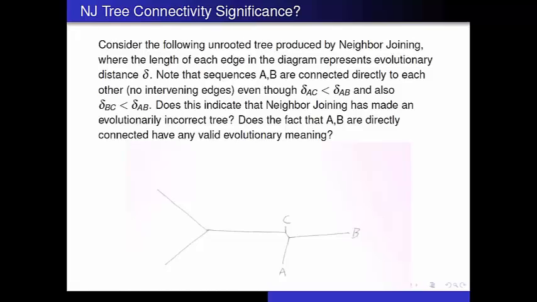Why? Because that's the one where the pairings are actually the neighbors, and therefore it doesn't include this extra piece of evolutionary history. Okay? So that's sometimes called the 4-point test for an additive distance assumption.